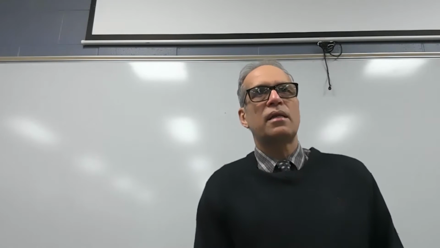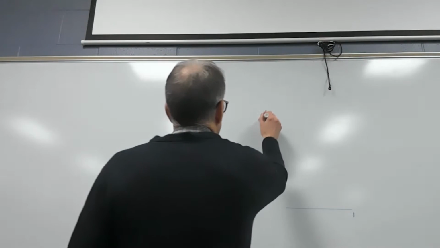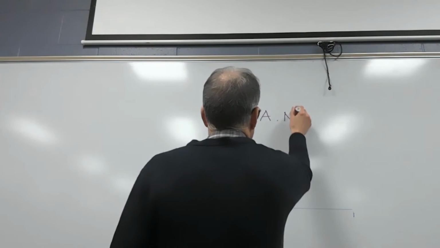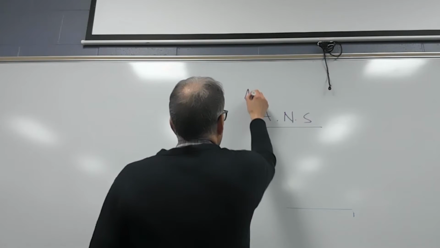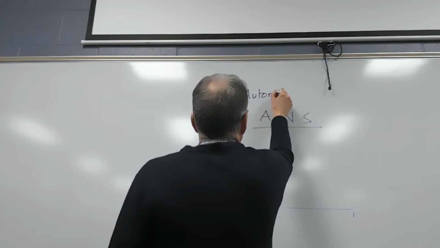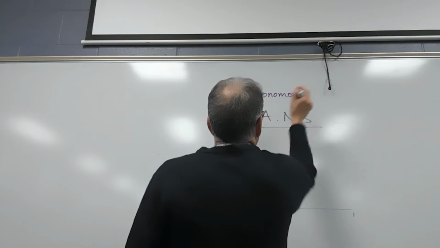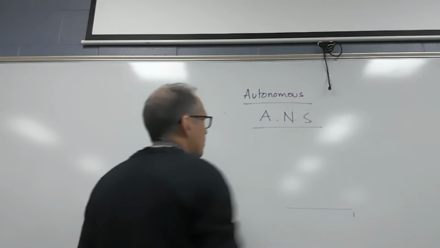Now here, you see, this is a very interesting system. This consists of two divisions, the sympathetic division and the parasympathetic division. For the label I'm writing here, we call it popularly as ANS. ANS means autonomous nervous system. NS is for the nervous system.